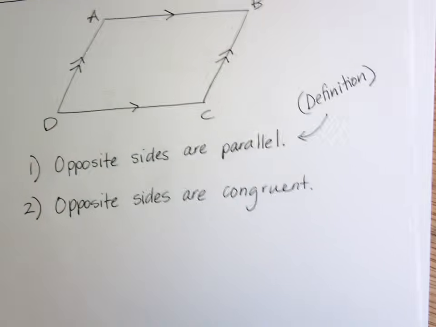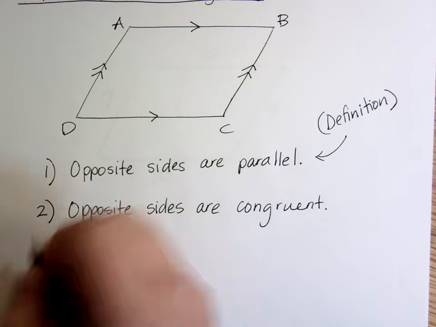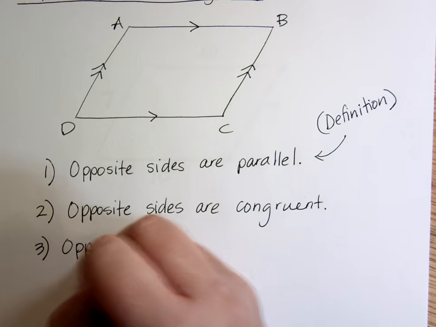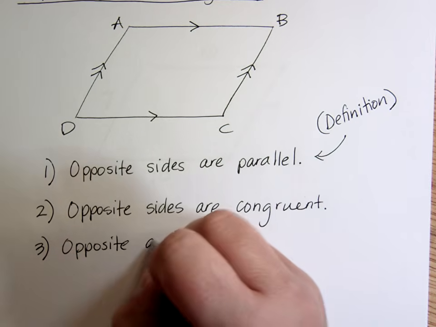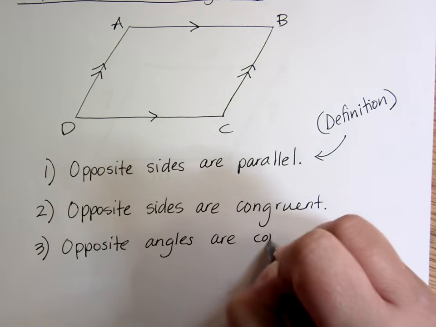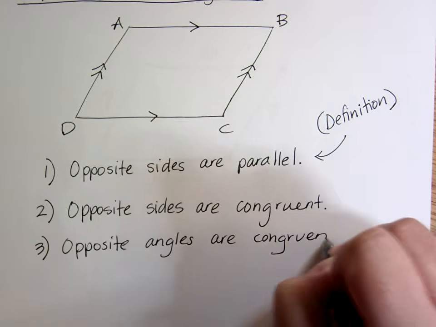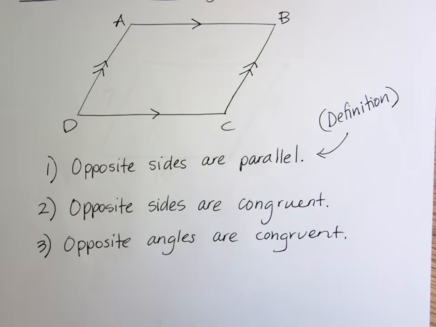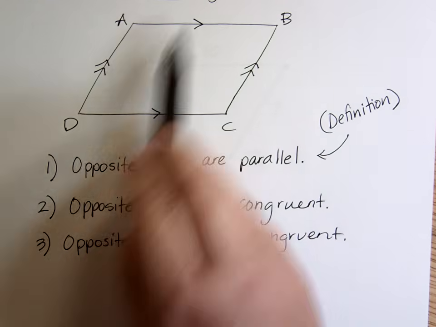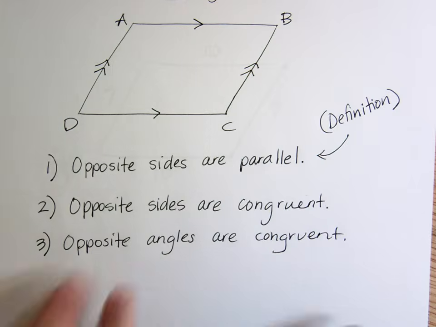Next thing, we know that opposite angles are also congruent. Okay, so we have to figure out where are the opposite angles. And there are 2 pairs of them, just like there are 2 pairs of parallel sides, 2 pairs of congruent sides. Same thing with angles.